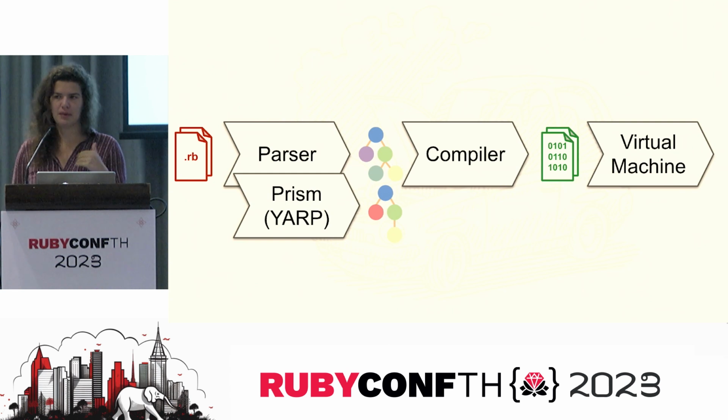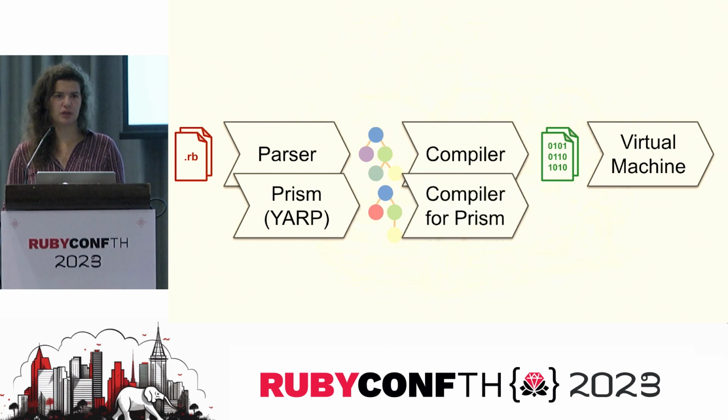But since Prism has created a slightly different tree, we presumably need a compiler for that different tree, right? Because the existing compiler, like I said, the underlying structures are different. The existing compiler won't just work one-to-one. And the reason I mention this is what I'm actively working on, what I'm so focused on at the moment, and why I was reading that compile.c. I was looking at the existing compiler to see how we can replicate a lot of its behavior or mimic its behavior for our new abstract syntax tree.